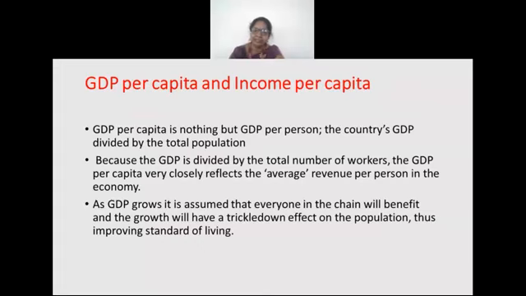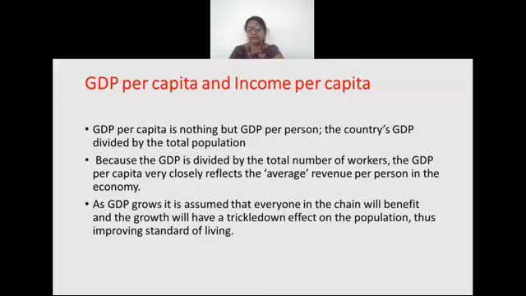GDP per capita is nothing but GDP per person, the gross domestic product earned. What is gross domestic product? It is the total goods and services produced by the nation for a particular duration, for a particular year.